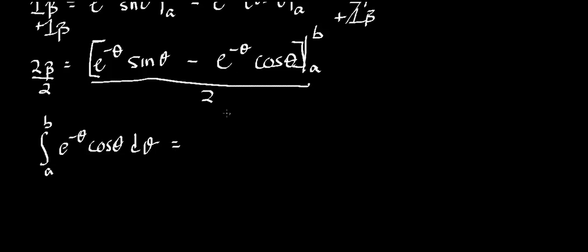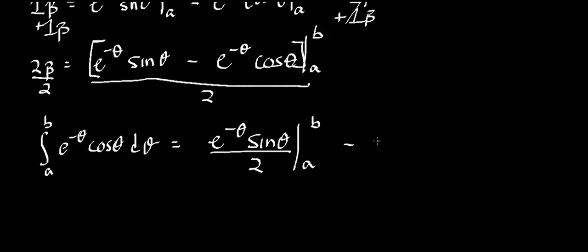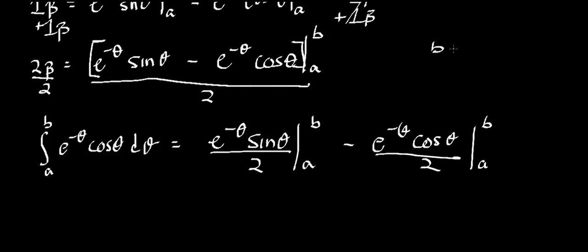It's basically equal to, let me just do it like this, e to the minus theta times the sine of theta over 2, evaluated from a to b, and then minus e to the minus theta cosine of theta divided by 2, evaluated from a to b. And just keep in mind, b was pi over 2 radians, a was negative pi over 2 radians.